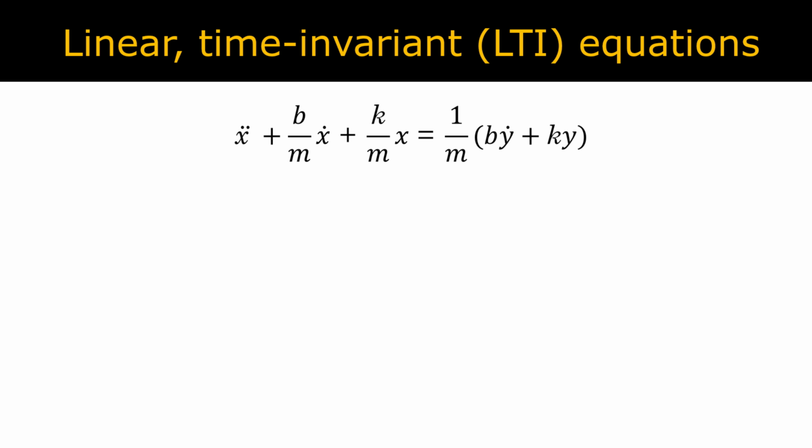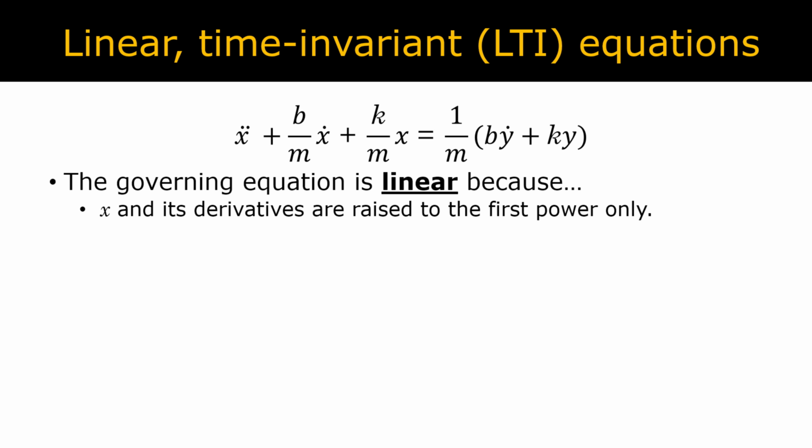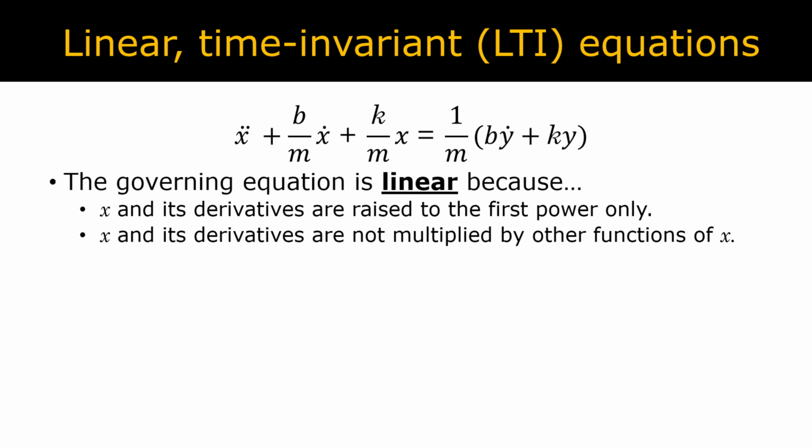Now let's discuss the governing equation for this system. We say that this governing equation is linear, and it's linear because x and its derivatives are raised to the first power only. It is also linear because x and its derivatives are not multiplied by other functions of x.